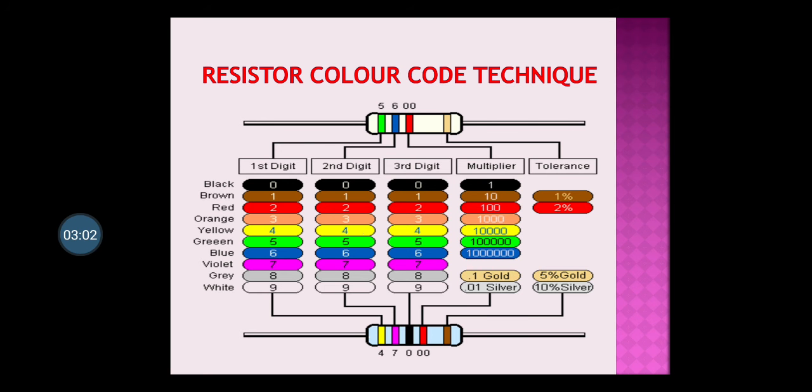The color table starts from black, which is assigned the digit 0, then brown, red, orange, yellow, green, blue, violet, grey and white. This is the sequence of the color table, and the numbers go 0, 1, 2, 3, 4, 5, 6, 7, 8, 9.